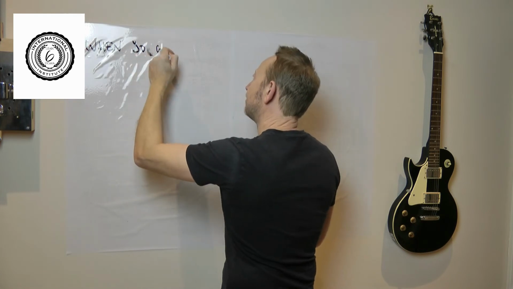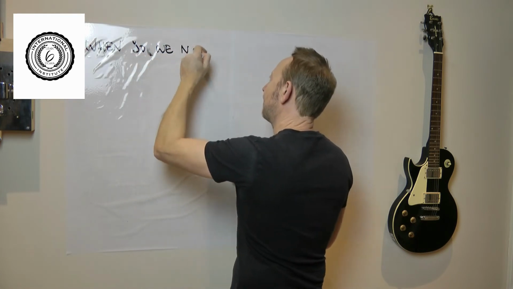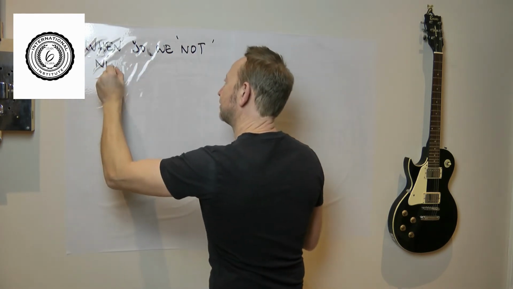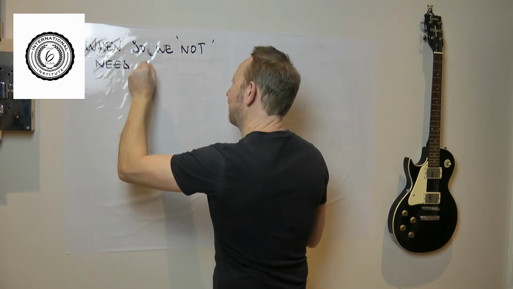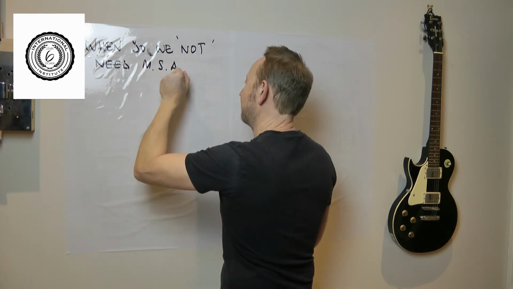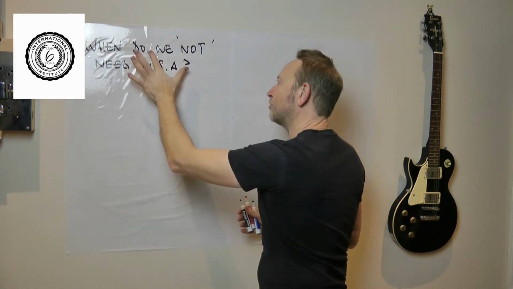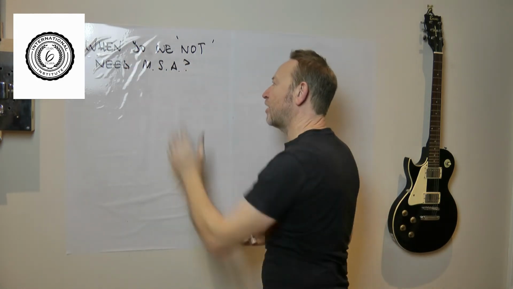When do we not need MSA? Now, I think it's important that we qualify the question, because Sadiq has asked it in a very specific way. He said, look, when do we not need an MSA in a Six Sigma project?